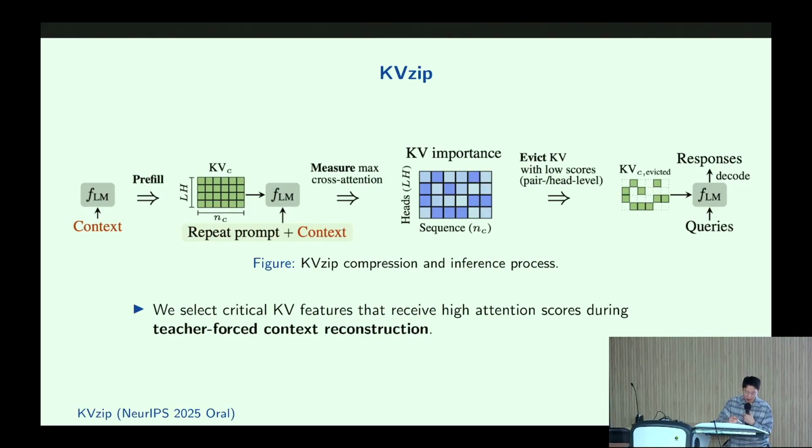So the high-level overview is we have a large context, we pre-fill once, and then we provide a very specialized command: please recite the previous context.